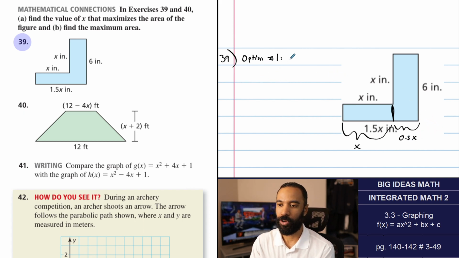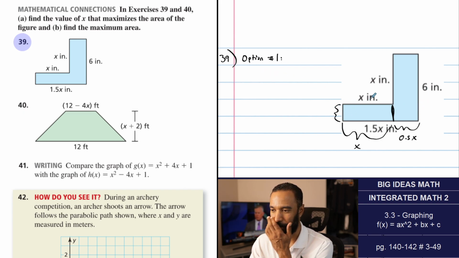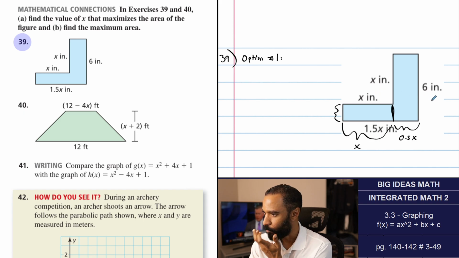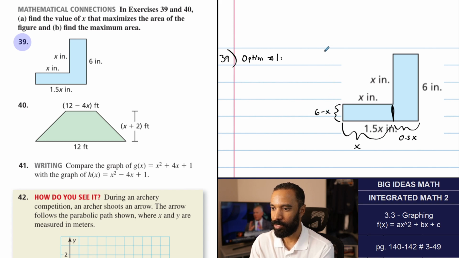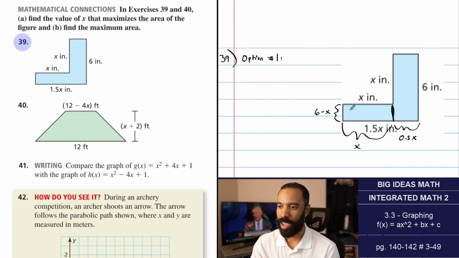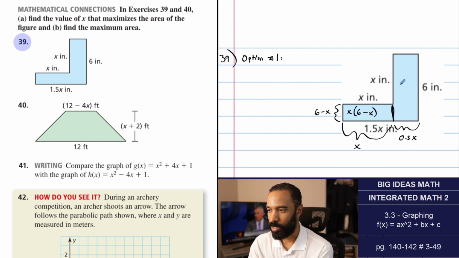So for option one, this height is 6 minus x right there. The area of this one is x times 6 minus x. And then this one is 6 times 0.5x.